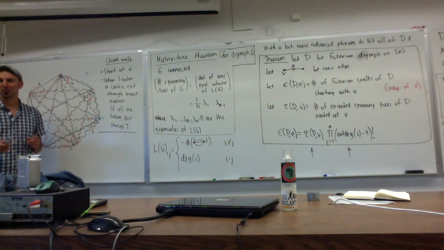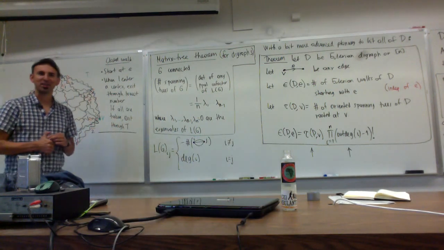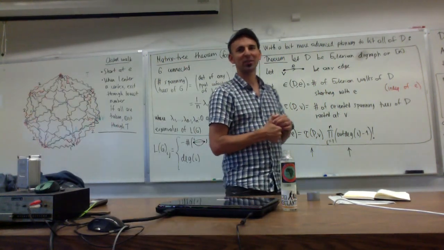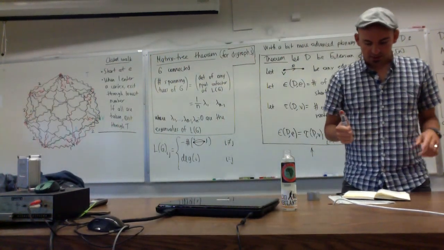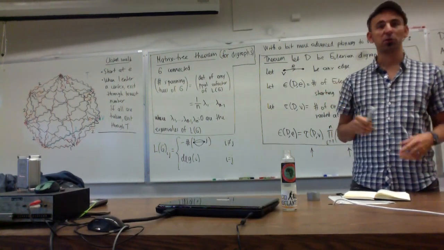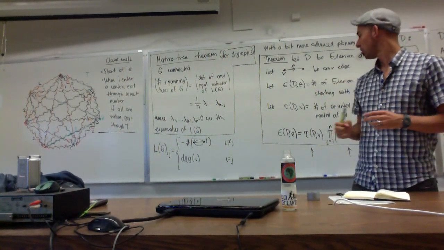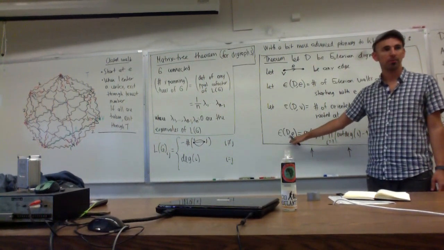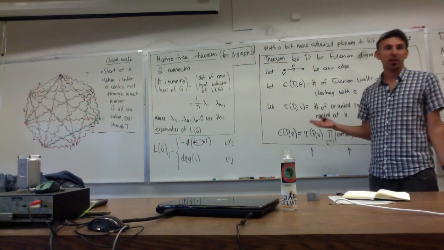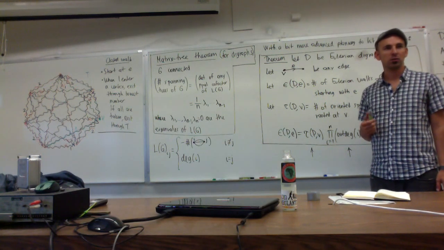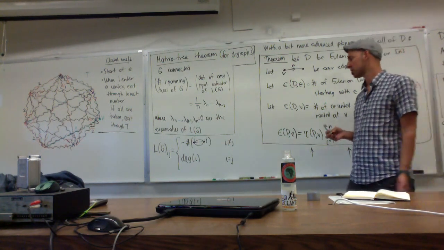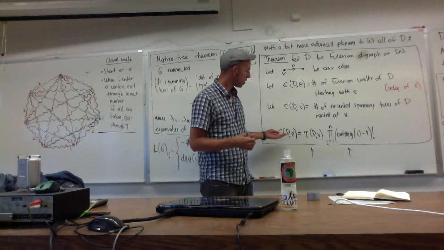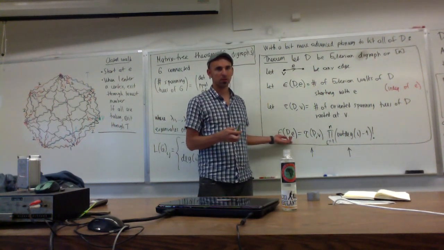It might be worth pausing and rewinding the video if you have that capability and slowing me down. But that's the argument for why this really does produce a closed Eulerian walk. Okay? And now to prove this equality, I need to prove the converse. So what does the converse look like? The converse says that if you start with an Eulerian walk, okay?